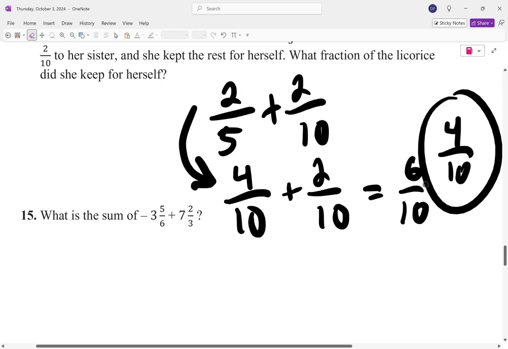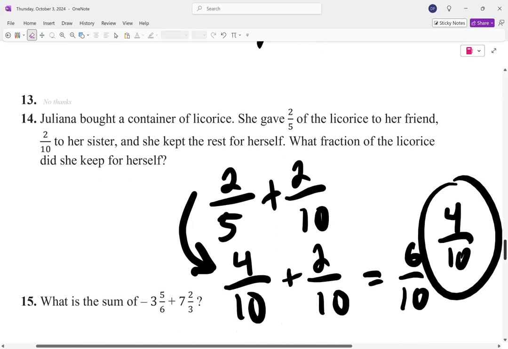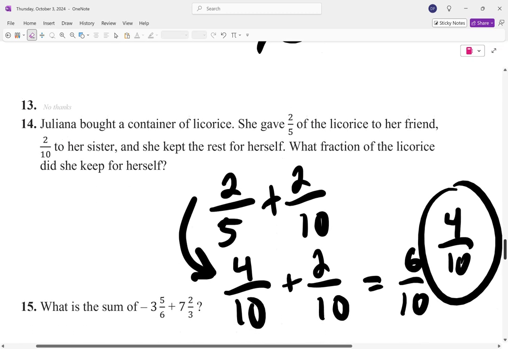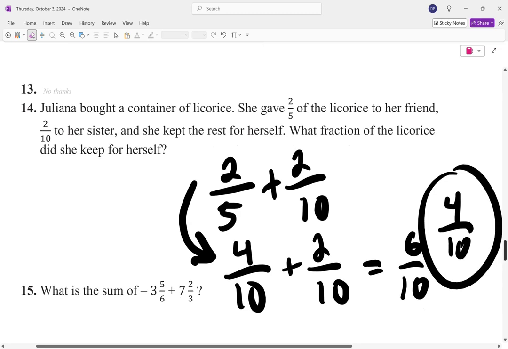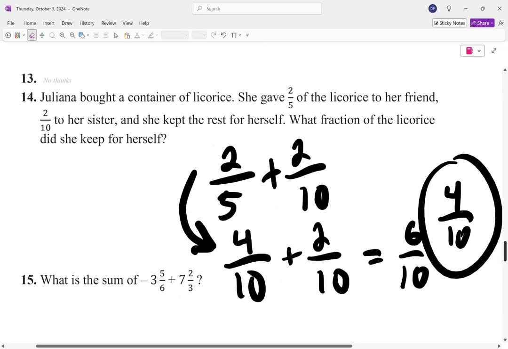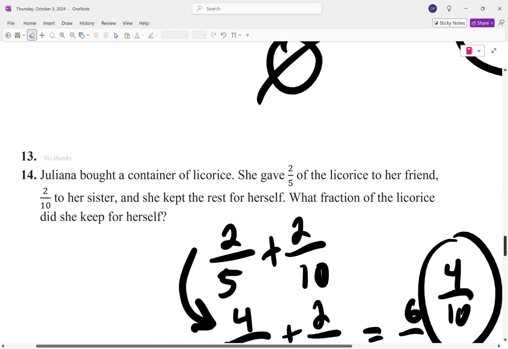No, 2/5. Right, 2/5. That's confusing. We did number 12. 12 is 0. 13 we skipped. We only skipped 13. We did 12. 12 is 0.